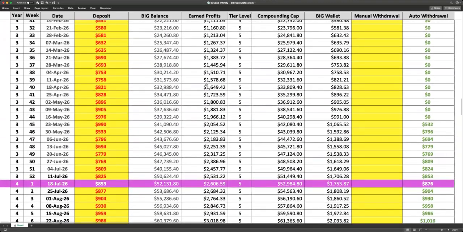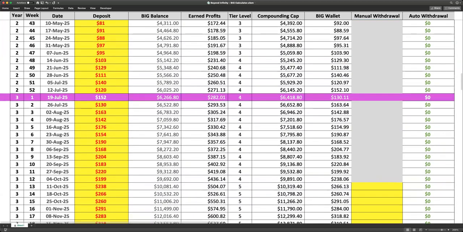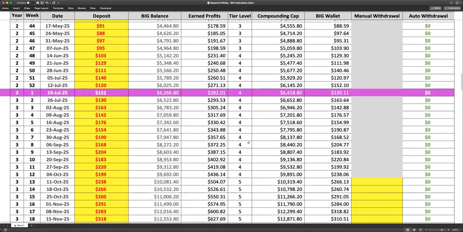Right there on the 3rd year, 45th week, you have an auto withdrawal of half of 1,000. You actually hit the 10,000 before you start getting the automatic withdrawals.